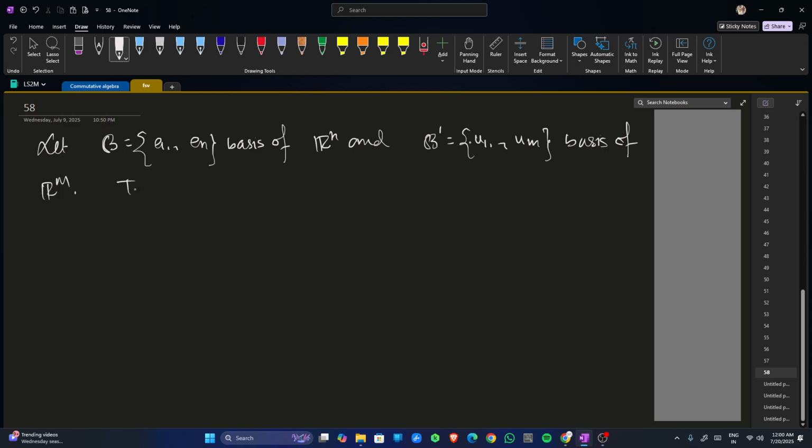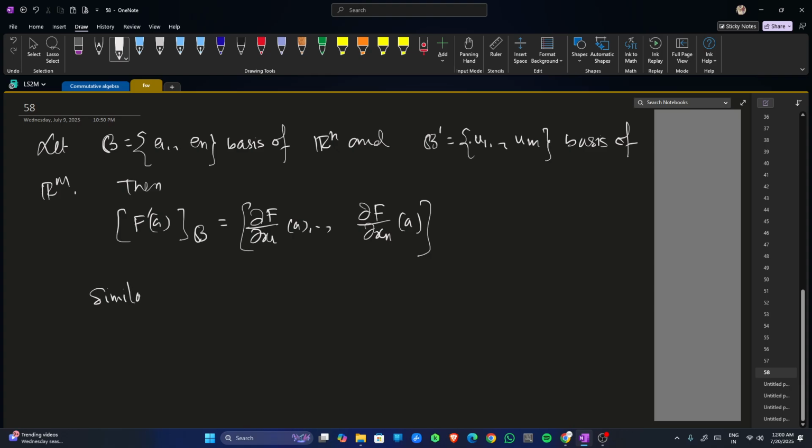Then F prime at a, as a matrix representation with respect to B, looks like this. It is a 1 by n matrix.